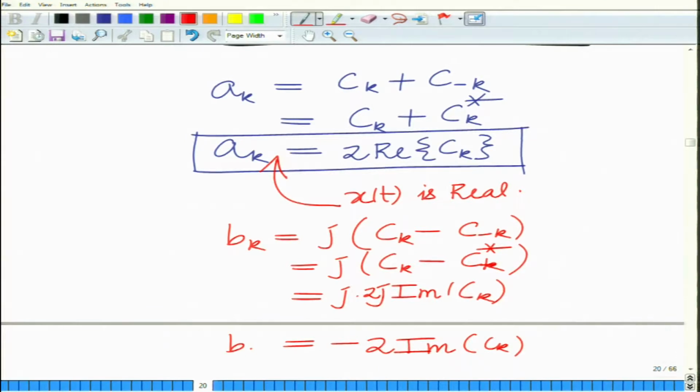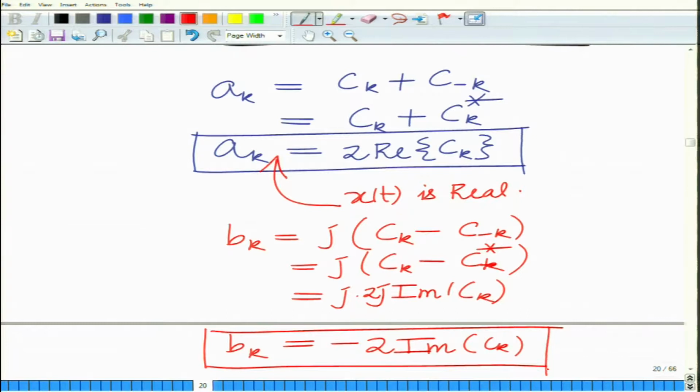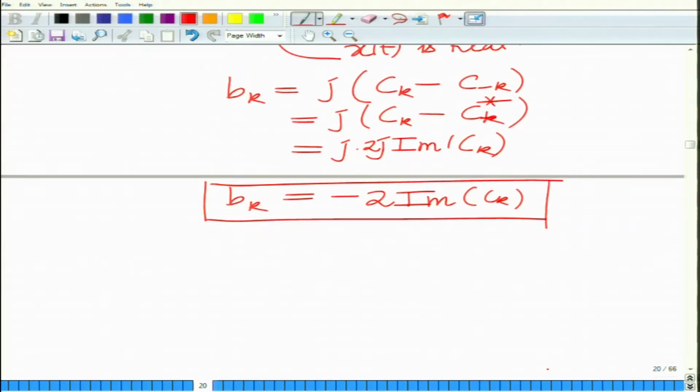So, bk equals minus twice the imaginary part of ck, once again for a real signal xt.